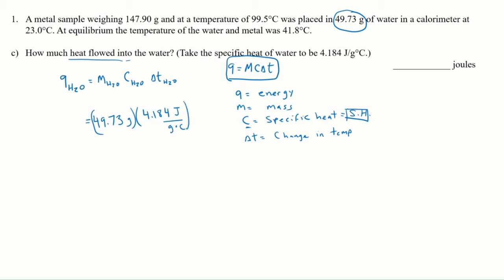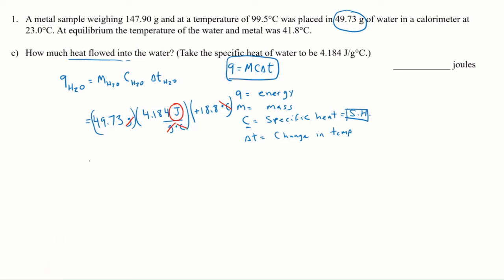Joules per gram degree Celsius, times delta T. Delta T of water we already calculated in part A, which was positive 18.8 degrees Celsius. Now, if you look, you'll see that we will be able to get our energy, or our Q, in joules, because the grams cancel, degrees Celsius cancel, and the only unit that's left is joules.